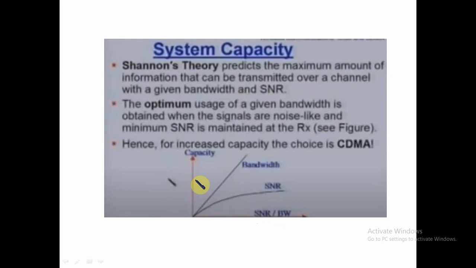This is the idea of how a system which uses a large bandwidth and lower SNR works. That is answered by CDMA, which uses excess bandwidth over and beyond. This is the system capacity related data.